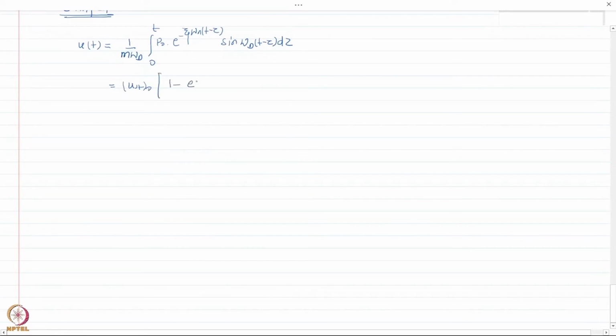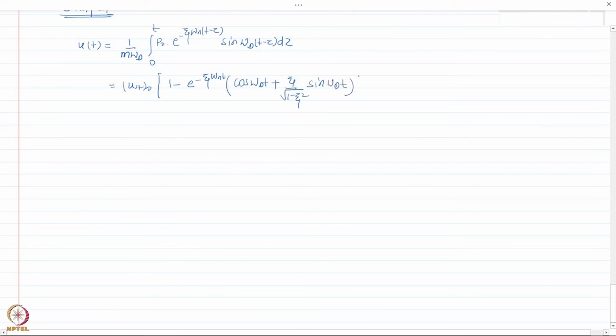You get this as the expression for the response of a damped system to a step force.